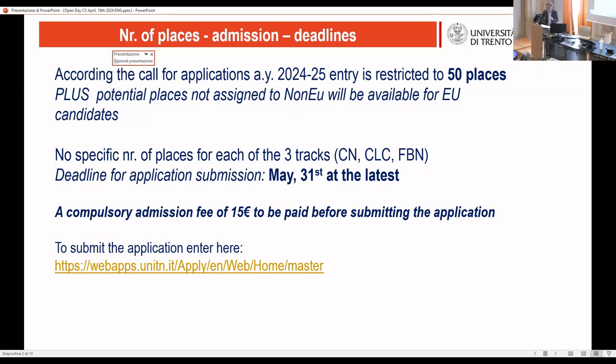The deadline for application submission is the end of May, and the compulsory admission fee of 15 euros has to be paid before submitting the application. This is the link of the online application to sort out and complete before the end of May.